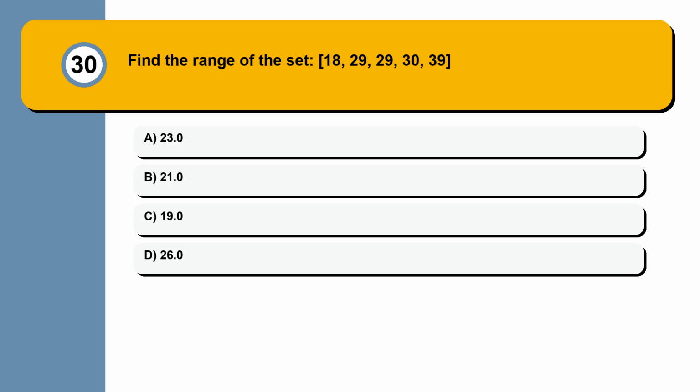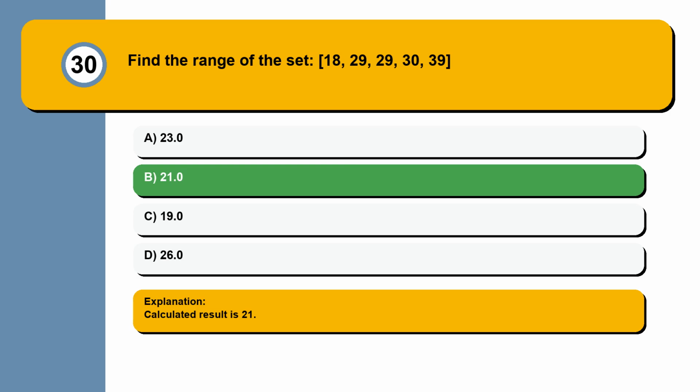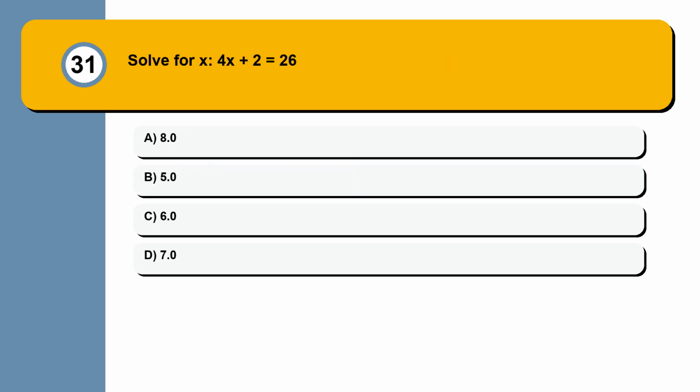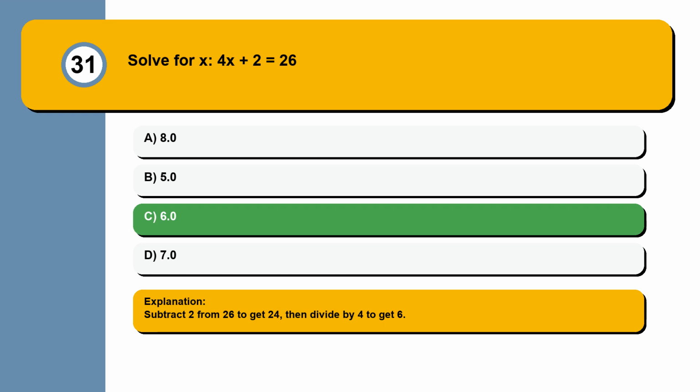Options: 23, 21, 19, 26. Calculated result is 21. Question 31. Solve for x. 4x plus 2 equals 26. Options: 8, 5, 6, 7. Subtract 2 from 26 to get 24, then divide by 4 to get 6.